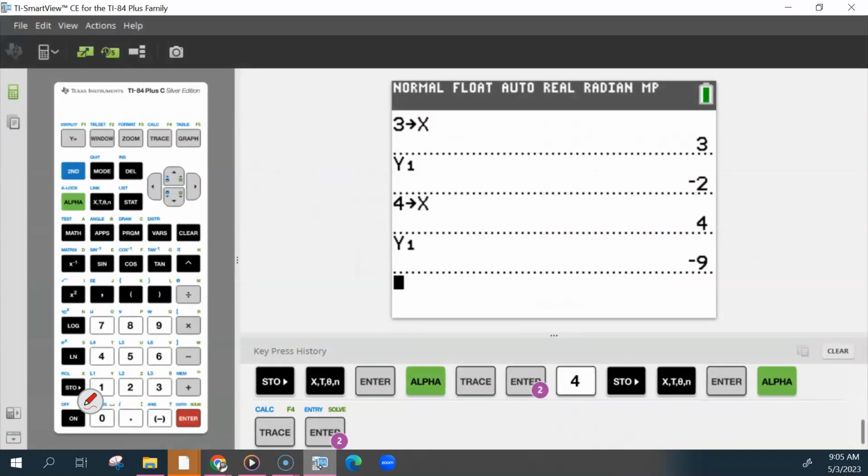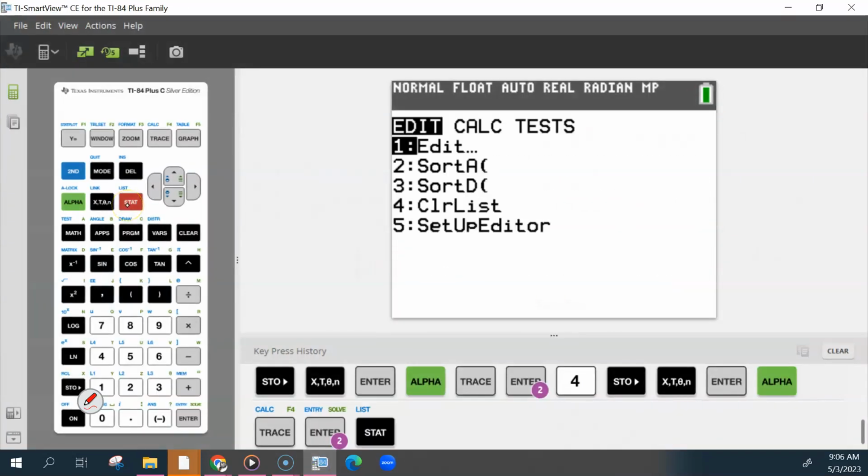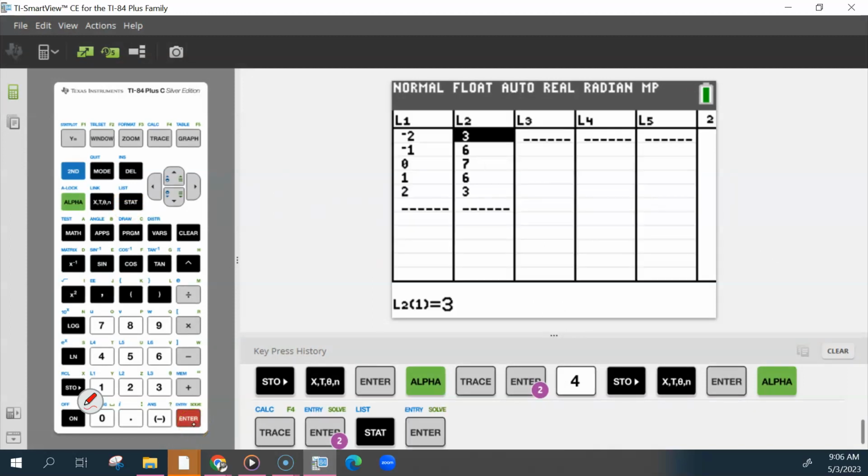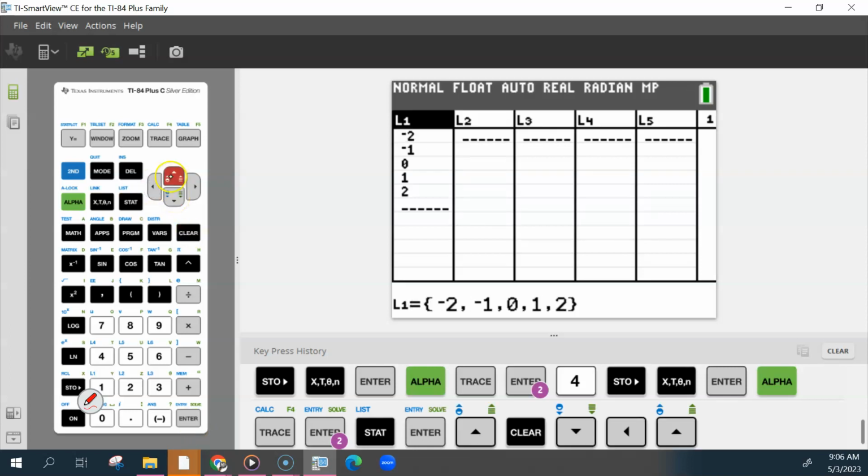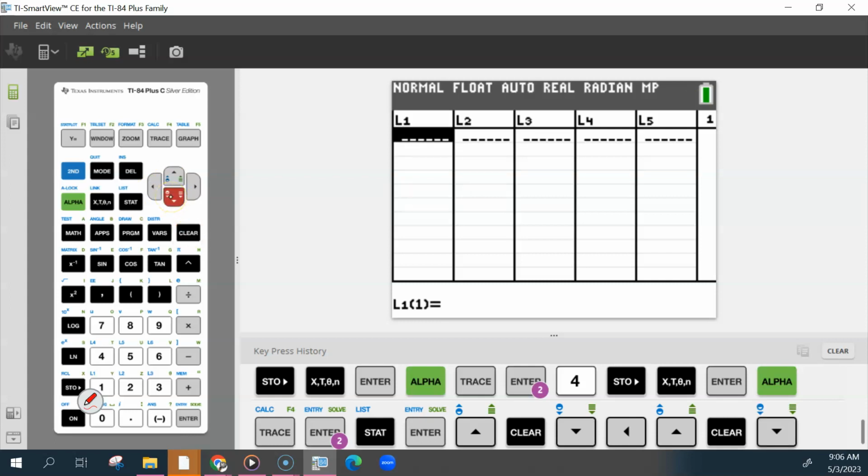So I'm going to go back into Stat, go back into Edit, and I'm going to clear these out. So go up to the top, hit Clear, and scroll back down. Don't hit delete, and put in those points.